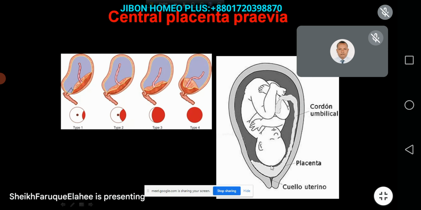If the baby is to be delivered, the placenta will separate first and come out, then the baby. And by this time there will be huge bleeding, and this bleeding cannot be stopped. So this case needs cesarean section. Cesarean section is a pure indication if there is central placenta previa.